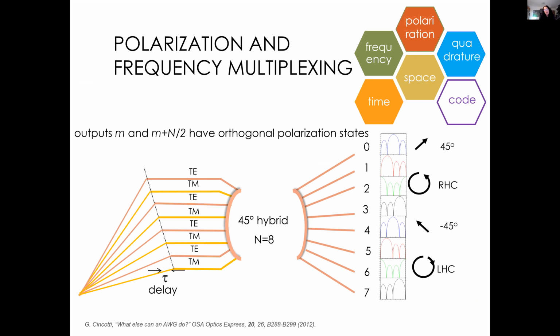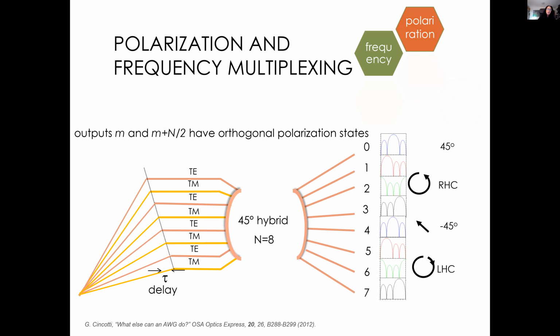Or we can mix frequency and polarization. If the waveguides in the AWG are polarization sensitive, so they transmit only transverse electric or transverse magnetic signal, basically you can have at the 8th port of the device these 2 channels that correspond to the same frequency bandwidth, but they have orthogonal polarization and so on.